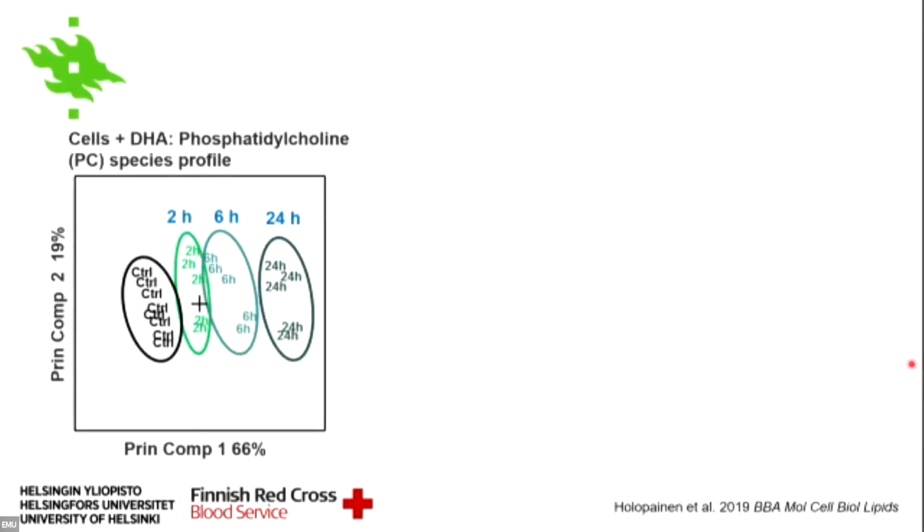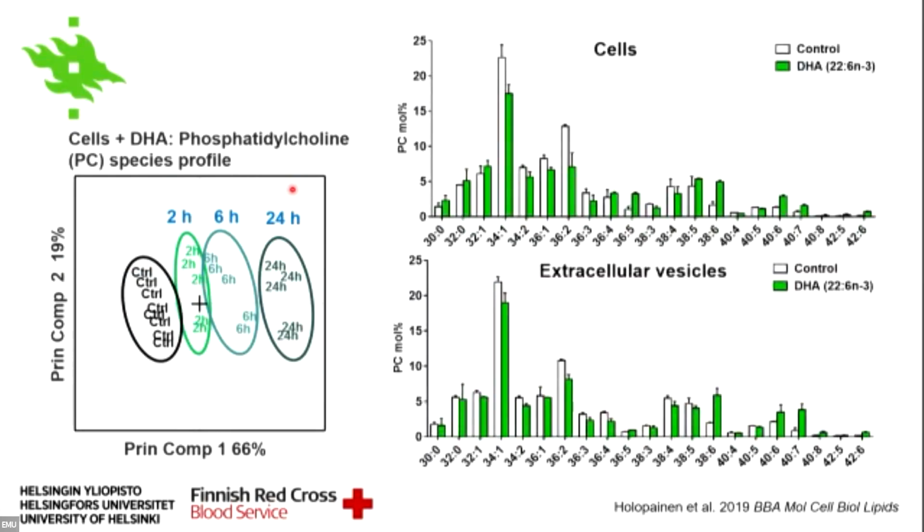First we did a time scale study. We could see that already after 2 hours there were some modifications of the cell membrane, but the most prominent effects on the cell membrane were achieved after 24 hours in the phosphatidylcholine lipid profile. When we compared the cells with the EVs, we could see changes, and I will now show you some examples.